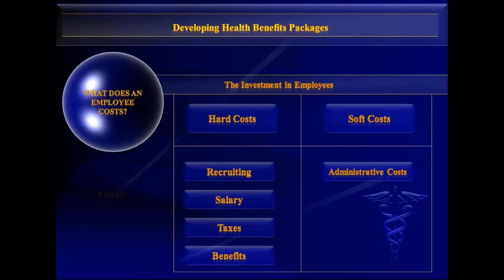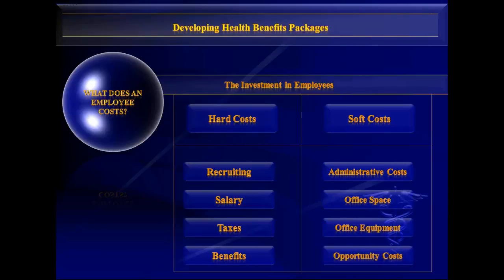The soft costs will include administrative costs like HR, payroll processing, office space, office equipment, and opportunity costs, which typically include things like cheaper hires that we could have gotten, or limitations that the business might be willing to overlook for this specific hire.